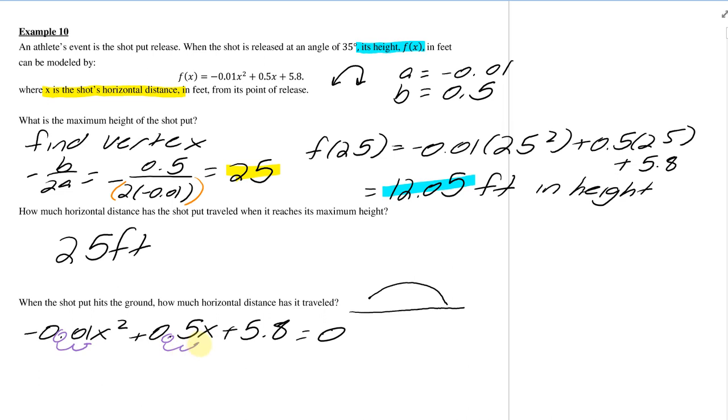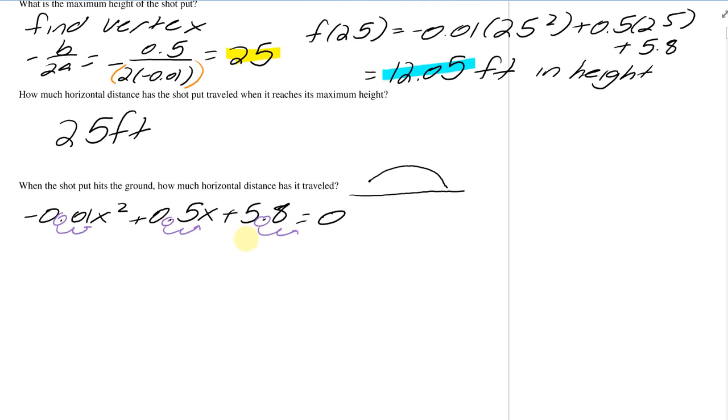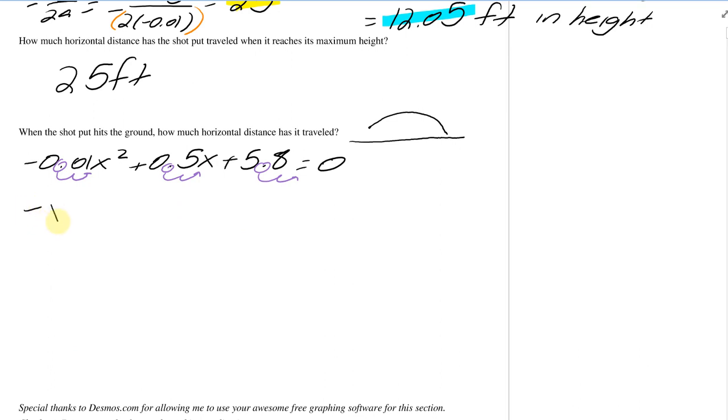I'm going to move all my decimals over 2 spots just to see what I get. So I get negative x squared plus 50x plus 580, and this is still going to equal 0. That's not going to change. You can kind of see this isn't going to factor that nicely.